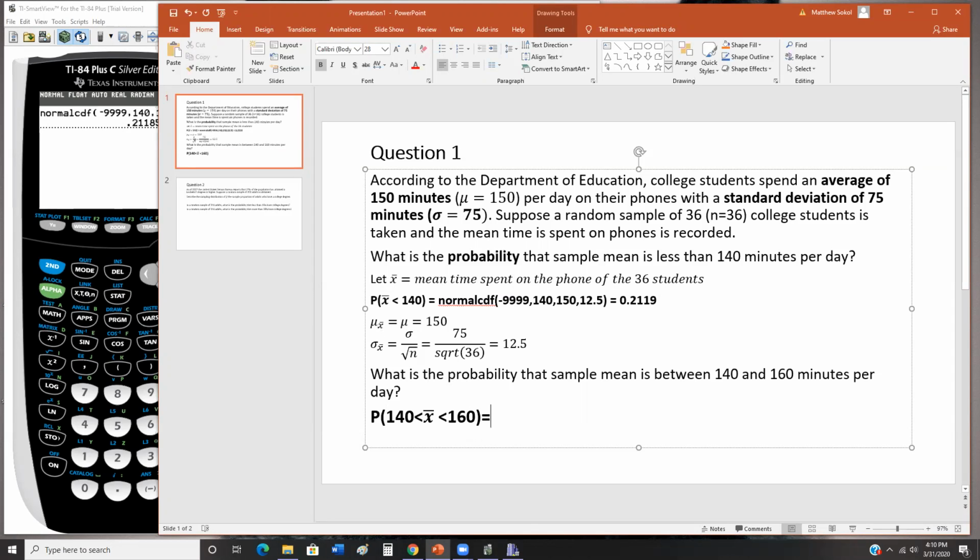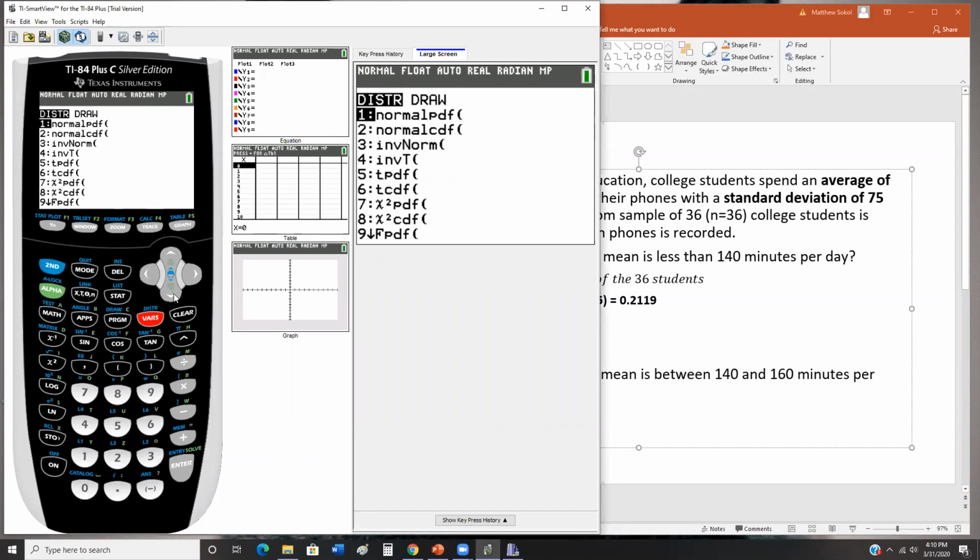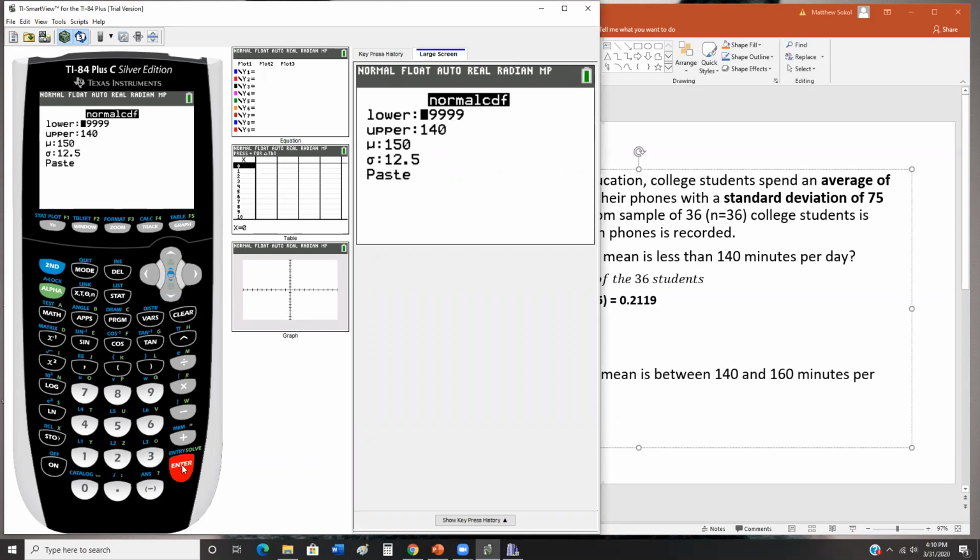So for this, you're just going to use that normal CDF again. So you're going to go to normal CDF. And so now you want to be between 140 and 160. So you're going to go 140 to 160.